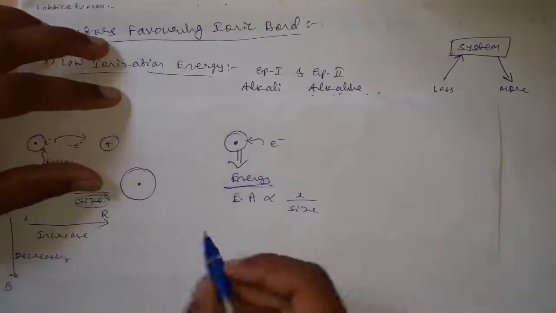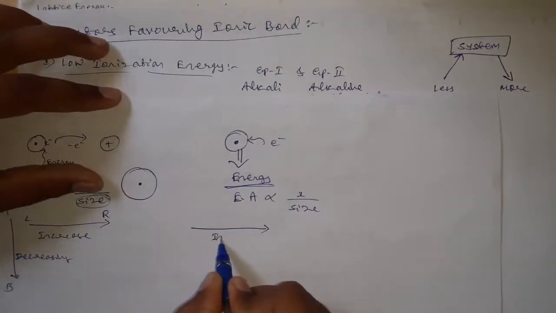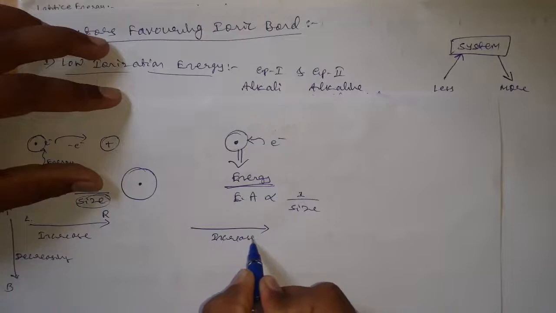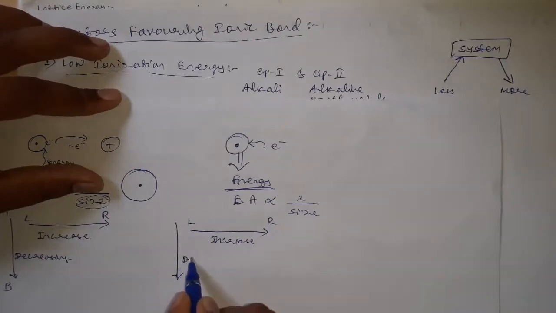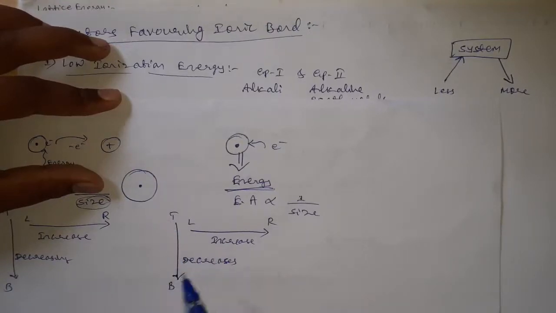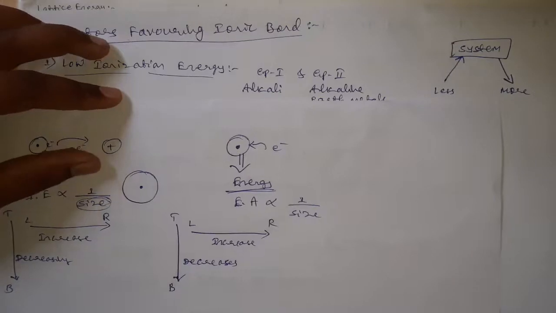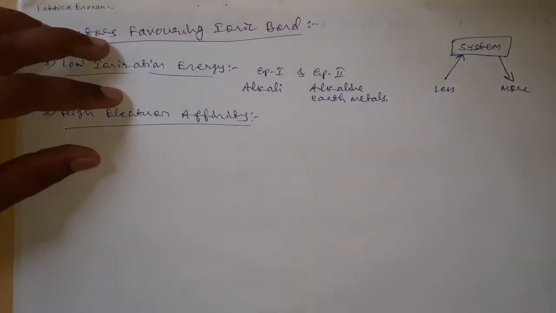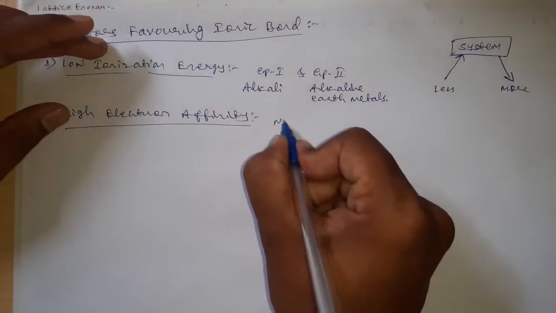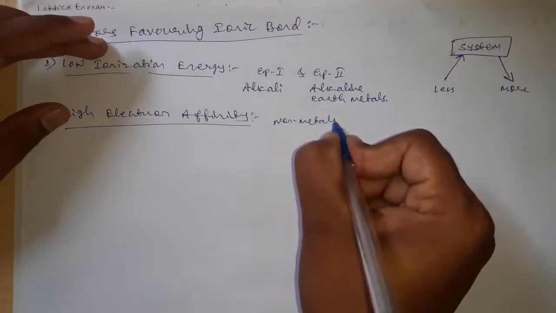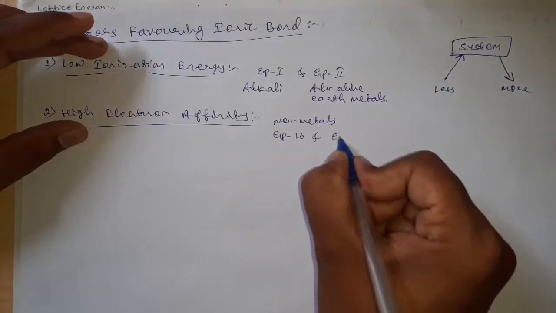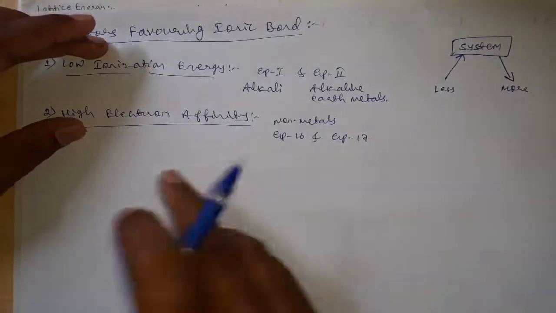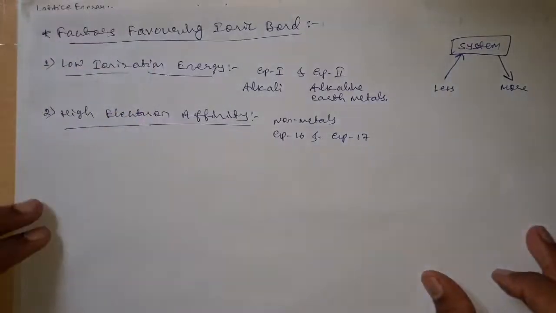Therefore, in the periodic table electron affinity increases from left to right and decreases from top to bottom. Here we can write non-metals. Usually the elements of group 16 and group 17 will form these type of ionic compounds.